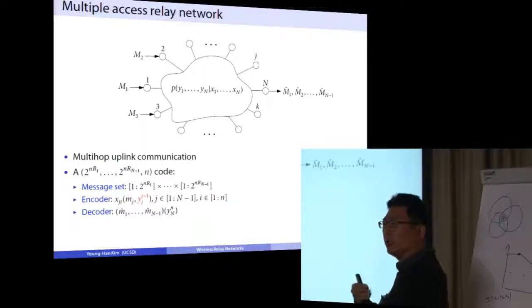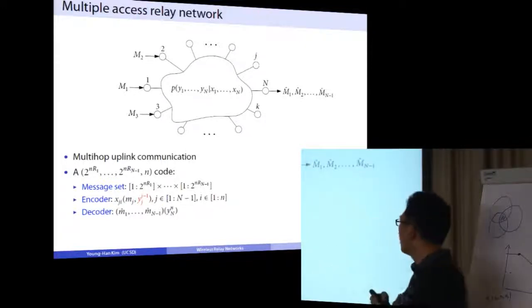So everyone is a sender, but at the same time serving as a relay for everybody else. Okay? And then the decoder would like to decode its noisy observation yn to recover all the rest of the messages. So this is the general model of operations here.